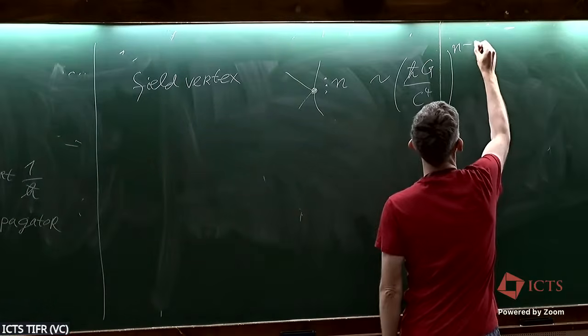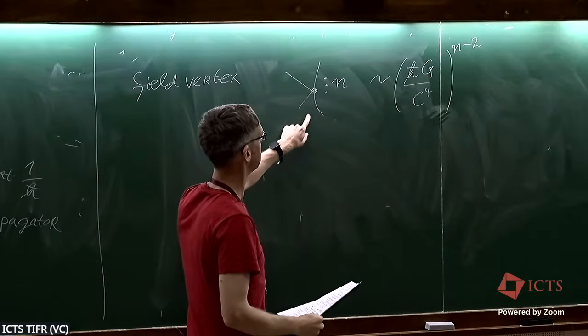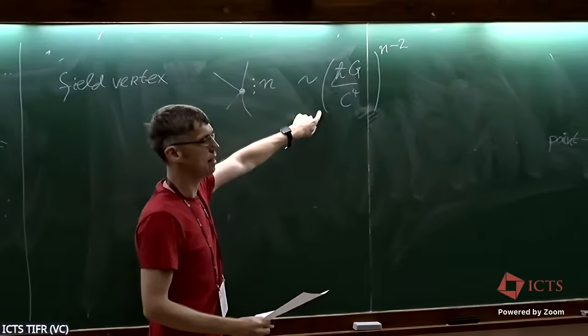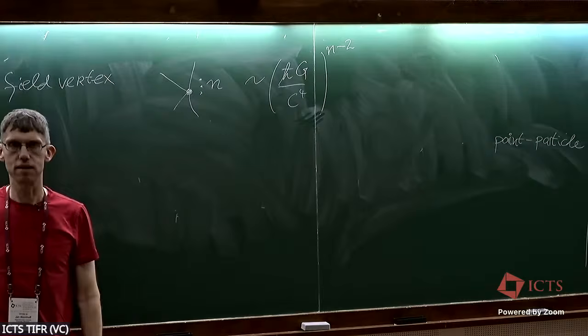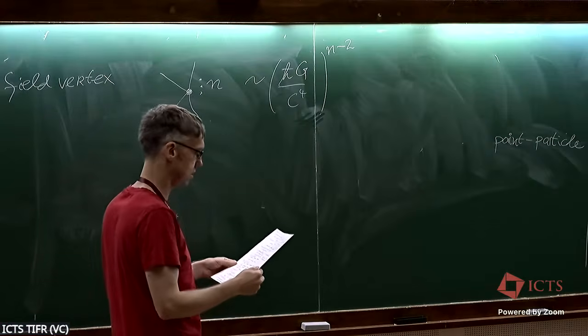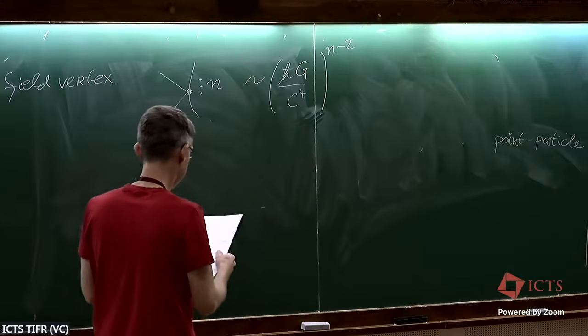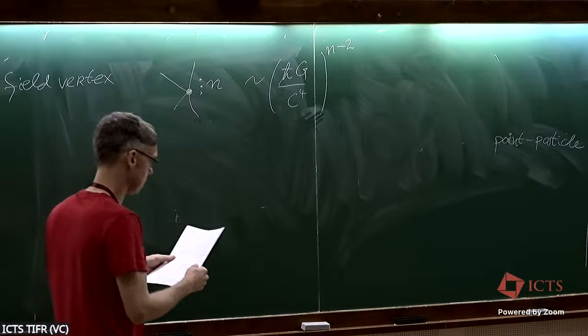So this means we have to put a -2 here for the vertices. So the vertices will scale like this. After the rescaling of the metric, the propagators will have no scaling in G or c or h bar. And the field vertices will scale like this.